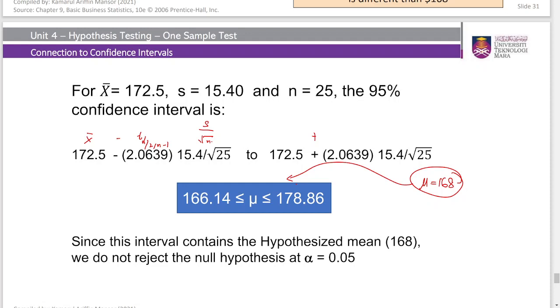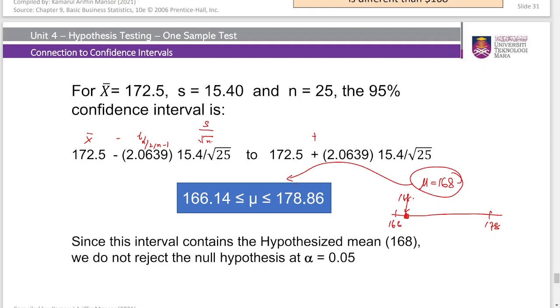Yes, in this situation, you have the confidence interval from 166 until 178, right? And then 168 is somewhere here. So it is in the confidence interval. If the hypothesized mean is in the confidence interval, your conclusion is that you cannot reject the null hypothesis.